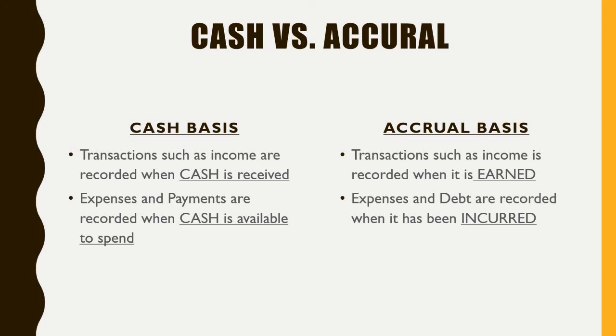So in this case, you record income the minute the service or the product is sold, so when it's earned. Once the job is complete, you've earned it, it's recorded. You do not need to have cash readily in your hand. You can have people write you IOUs. In other words, accounts receivable. You can have people owe you money.